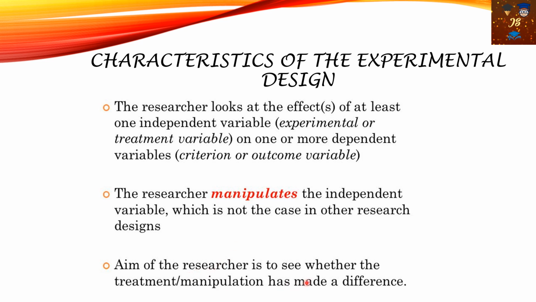The aim of the researcher is to see whether the treatment manipulation has made a difference. Definitely, the researcher will observe whether the cup of tea enhances the mood of the person, or particularly which cup of tea enhances the mood of the person. So in this way it works. So these are the characteristics of the experimental design.